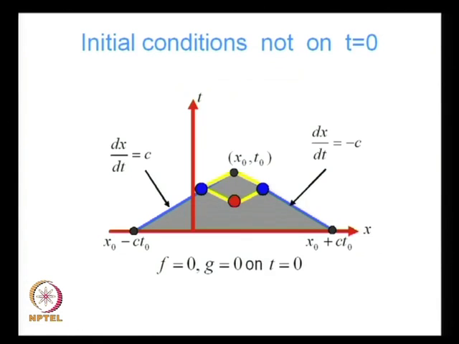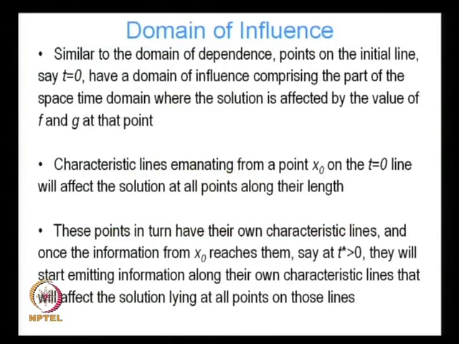If it is not able to do that, then the disturbance here is not going to affect the solution at x0, t0. So, the information travels only along the characteristic lines, number 1, and the information travels with the speed equal to the wave speed. Those are the two things we can take away from here.